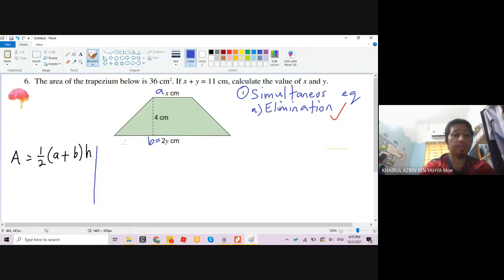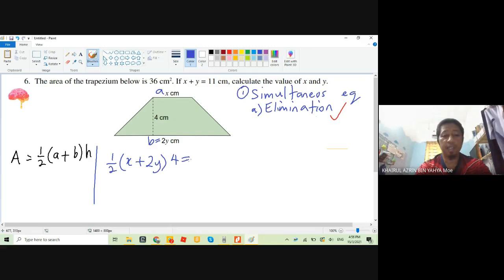1/2, A in the diagram is x plus B in the diagram is 2y, multiplied by h. H is the height, 4 cm. And this is the area of the trapezium. What is the area given already?